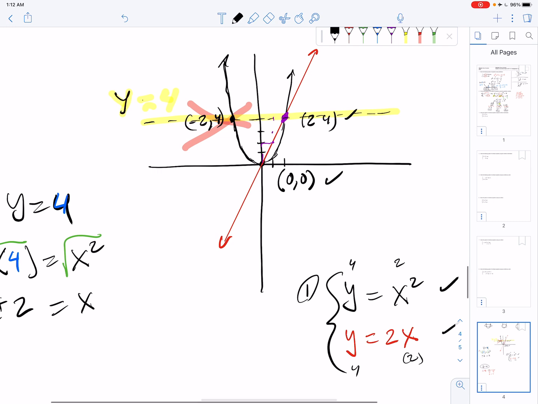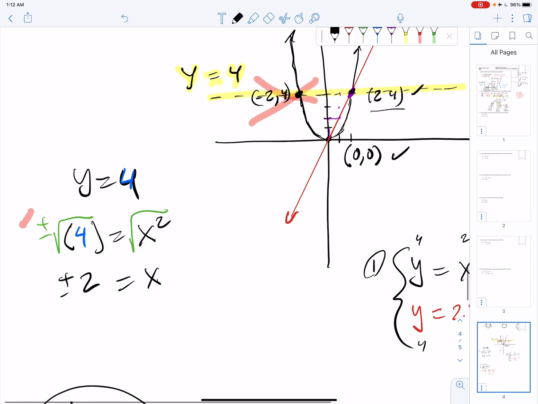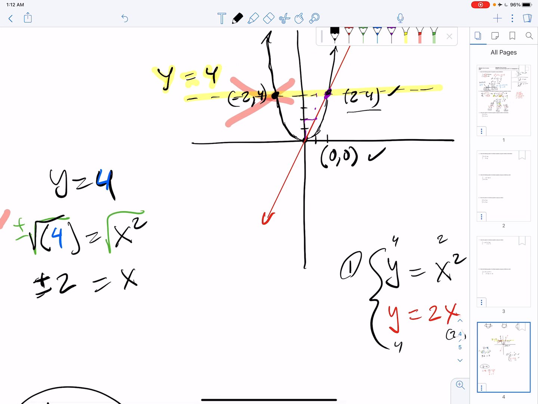And so when you put in a y equals 4 into the parabola, it's going to give me an answer here at negative 2 and here at positive 2. But remember, we only wanted positive 2. So that was an example that gave us an extraneous solution. And you can see that happened when we got this plus or minus from square rooting both sides of the equation. So not always does that create extraneous, but it can.